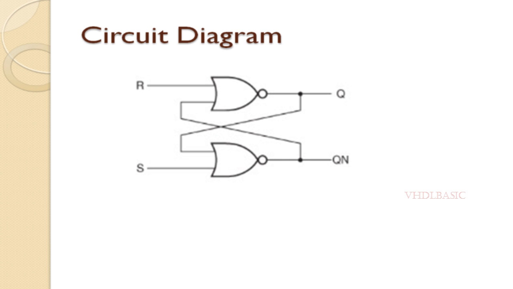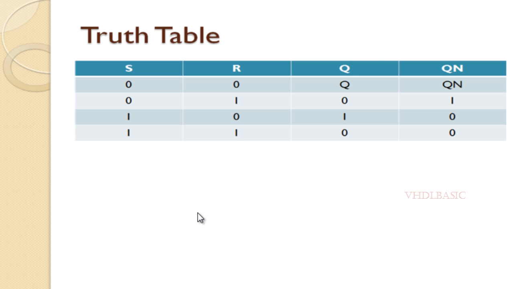Now I am going to show you the truth table of SR latch. If both the inputs are 0, then Q and Q bar will not change from the previous state. If reset is 1, then the latch will go to the clear state, which is Q equal to 0, Q bar equal to 1.